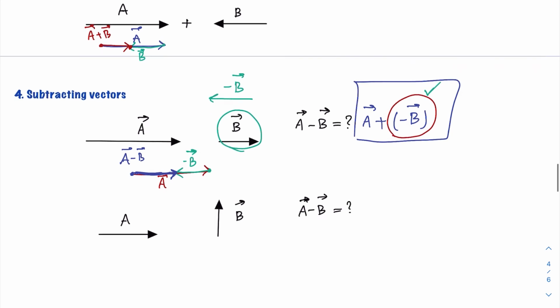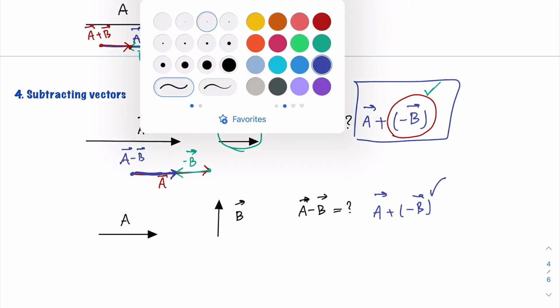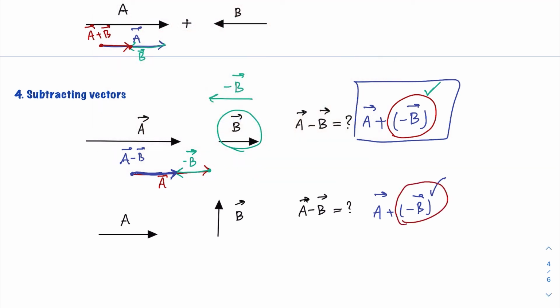Another example: vector A minus vector B, draw it graphically. Again, I will use the same technique. I will write vector A plus minus vector B. The reason for writing it this way is that I can use the properties of vectors to change the direction of the vector.